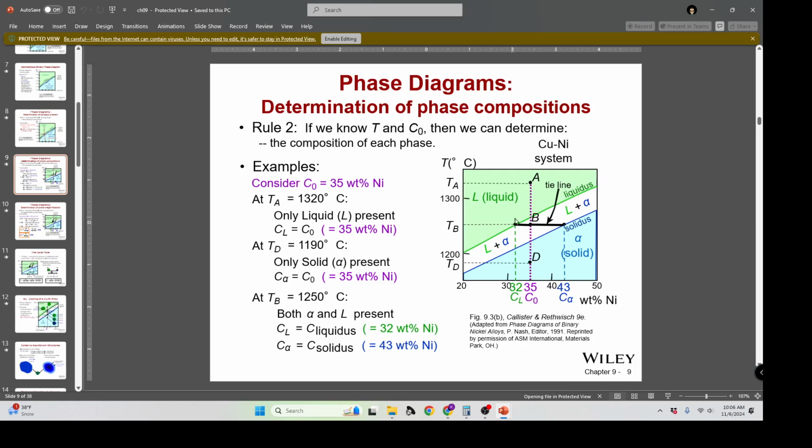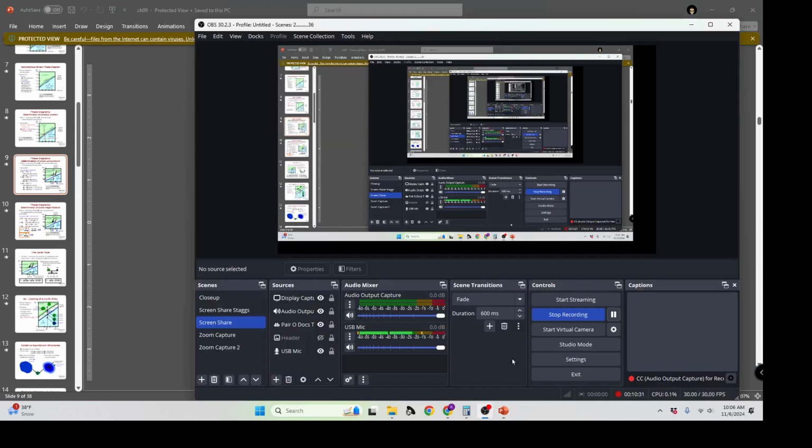It actually makes sense. So at B, we draw a line across to the liquidus line, another line across to the solidus line. These are tie lines that tie us back to the phase envelope. So the liquid composition is 32% nickel, while the solid is richer in nickel, being 43%, and that's what we should expect to see.